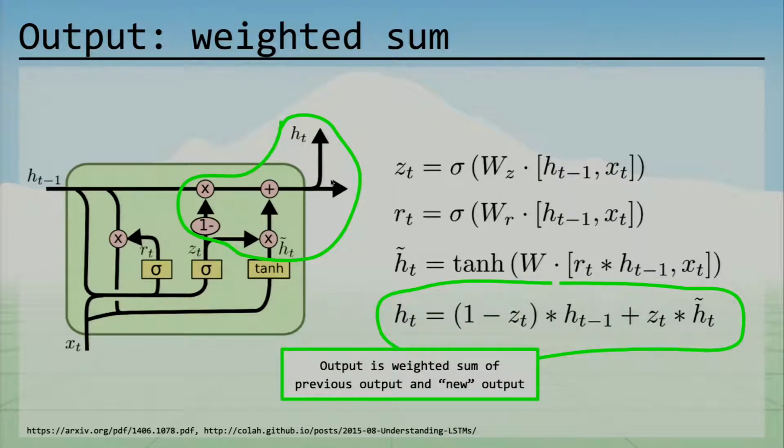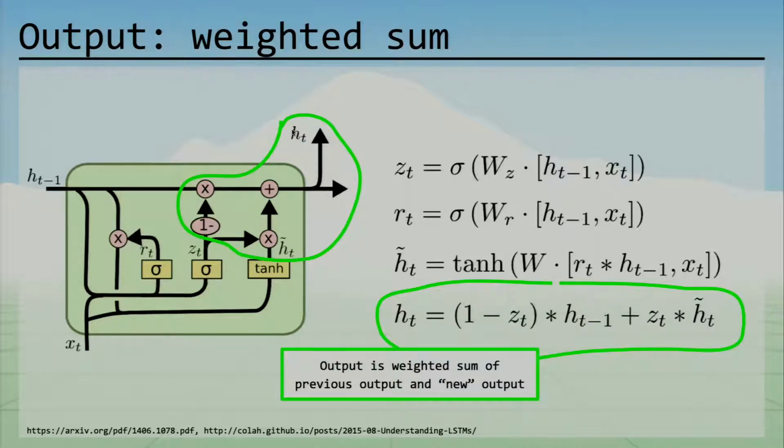And our output is just going to be this weighted sum of our previous memory state and of h tilde, depending on whatever the z sub t is that we calculated. And our output for this unit, as well as our hidden state, are going to be the same. So both sequentially in time and sequentially in terms of our processing, we're going to output the same thing.